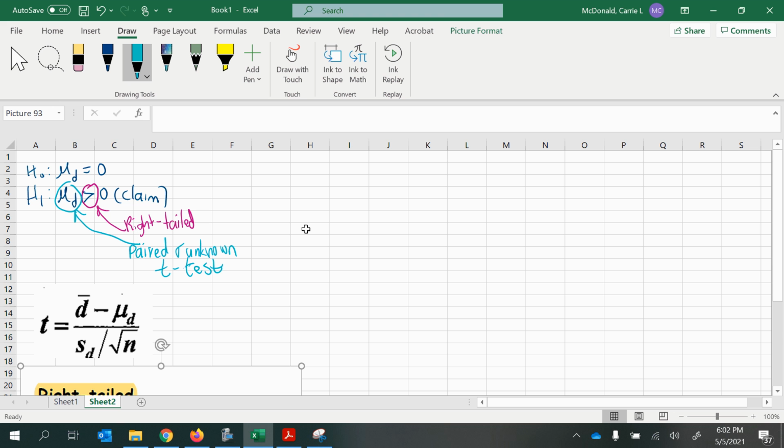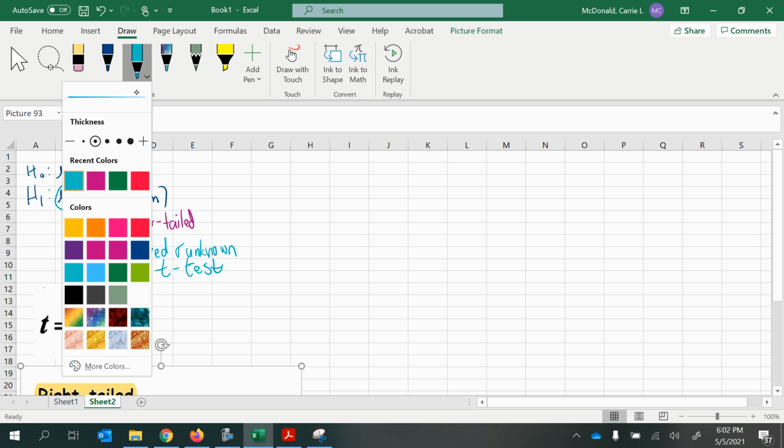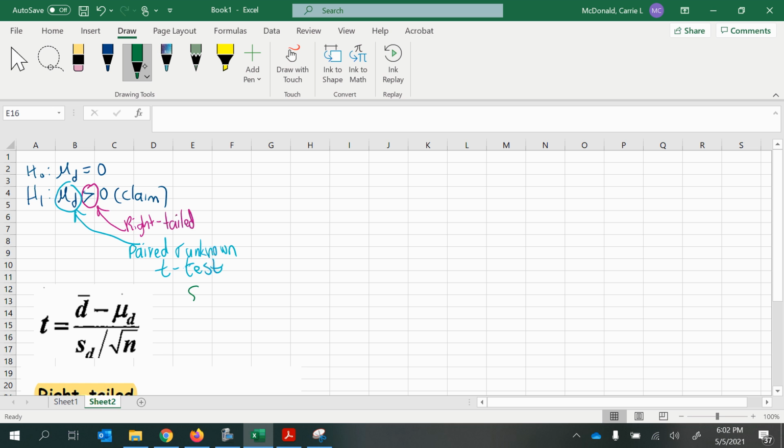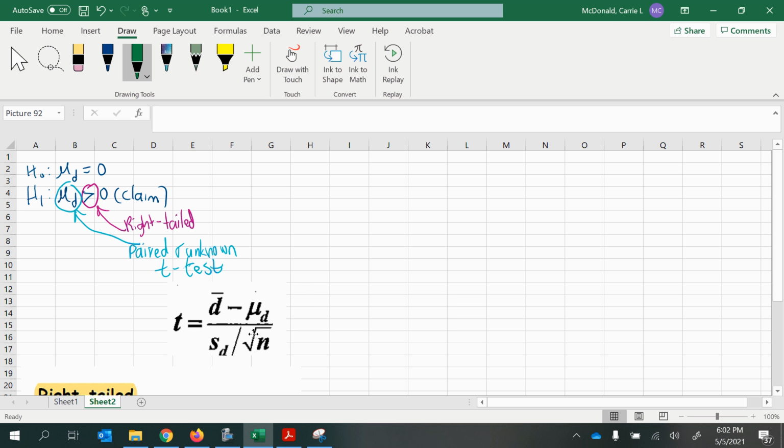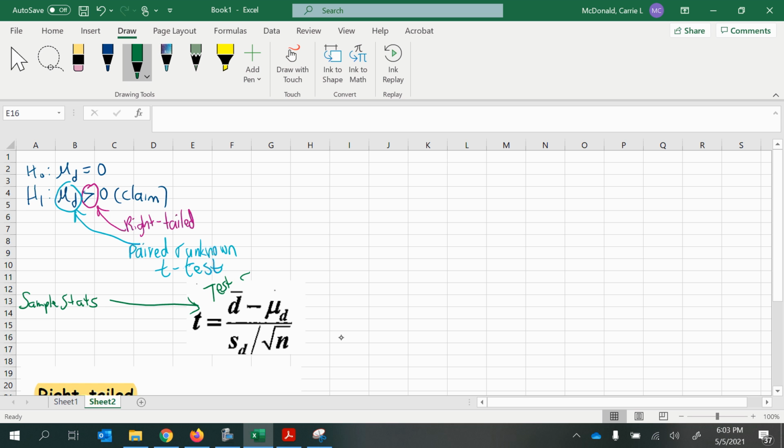All right, now we're going to need the sample information. Actually, I think I'll write this here. I'm going to take the sample statistics and then convert them into a t-score, a test statistic.